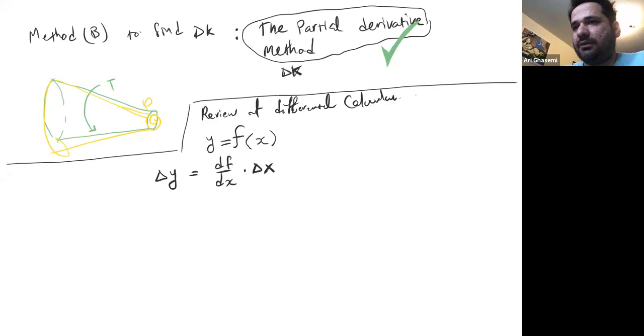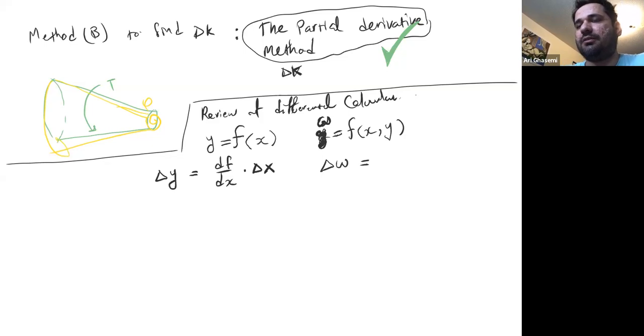Now, if y was a function of two variables, let's say instead of y, let's just call it omega. Omega is a function of x and y, f of x, y. Then what is the expression for delta omega?